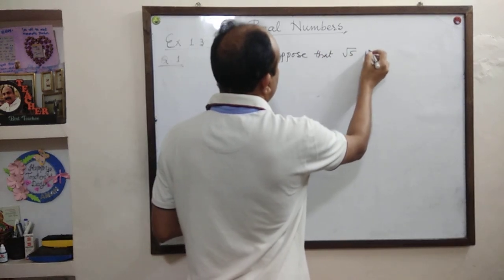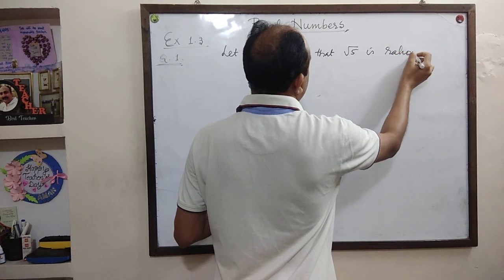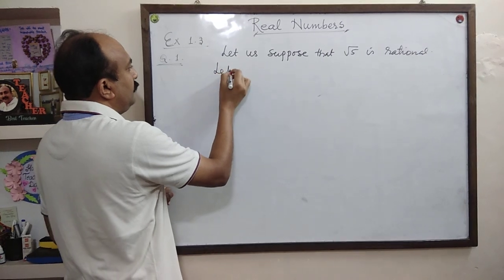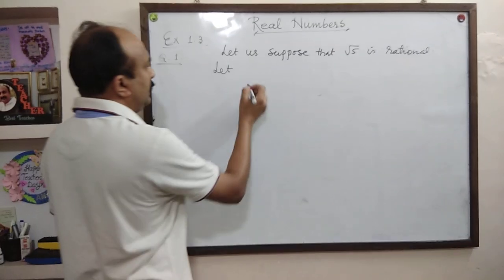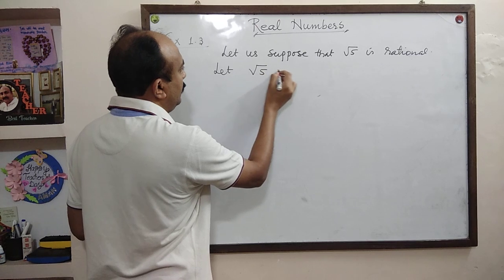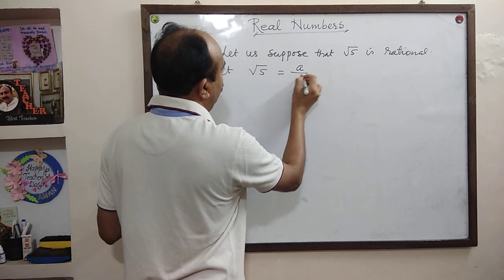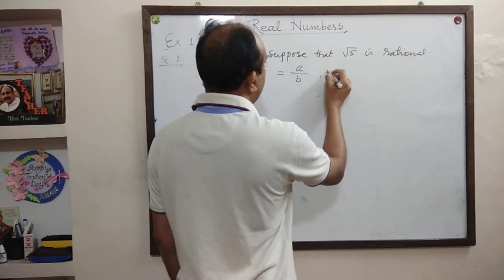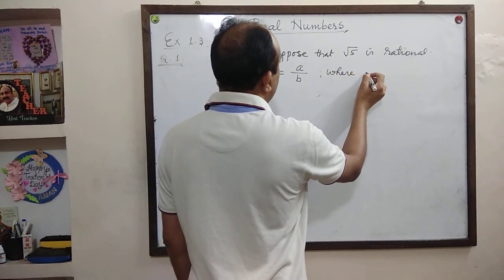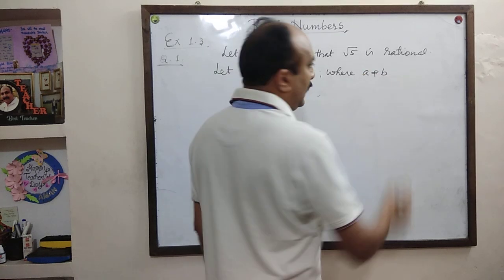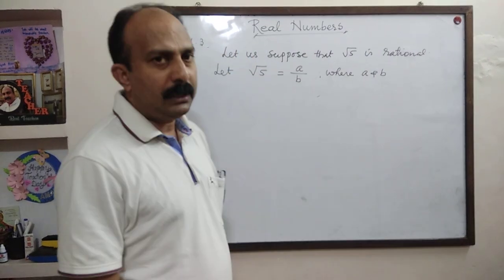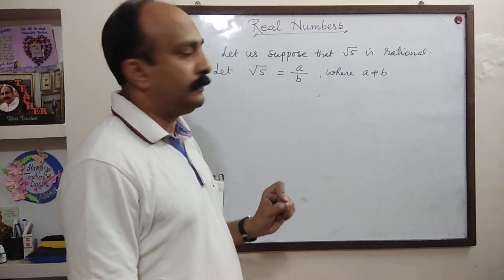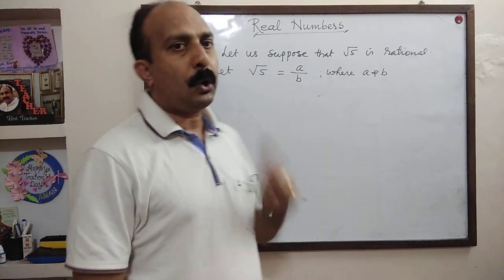If root 5 is rational, we can represent any rational number in the form of P upon Q or A upon B, where A and B are integers and B not equal to 0, but we are adding one more clause this time, that A and B are coprimes.